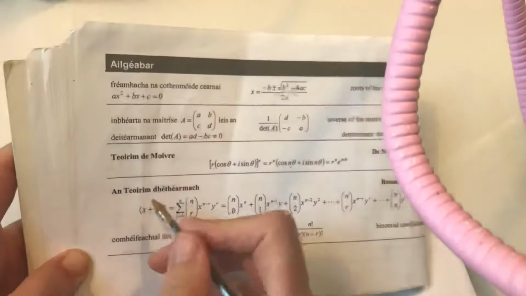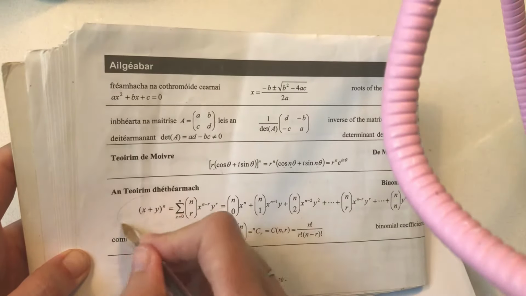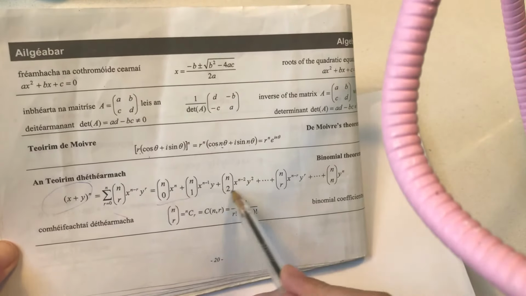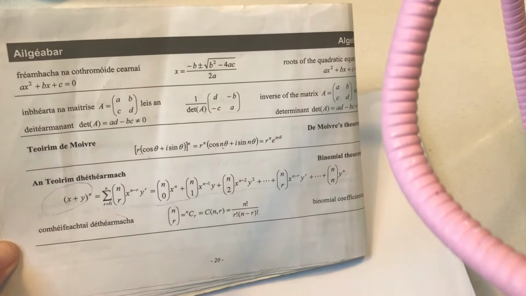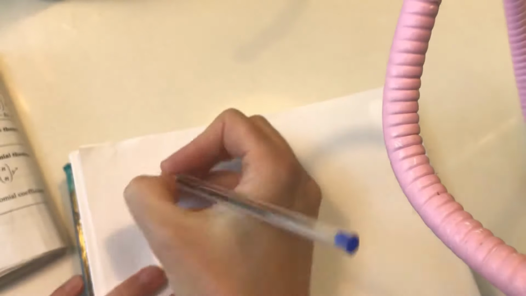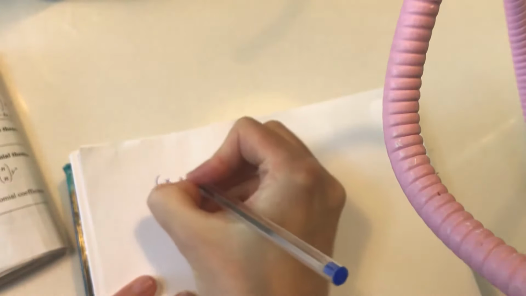This is the type of question you might get, or it might be in the middle of a question. Over here is what I would do in order to expand it out. It's called the binomial theorem, but I sometimes call it the binomial expansion. Whatever question you're given, you just have to expand it out.